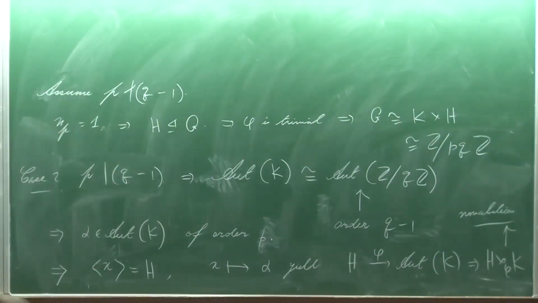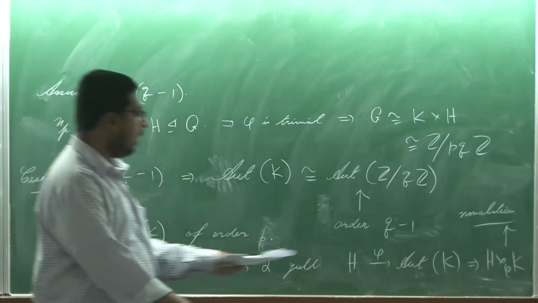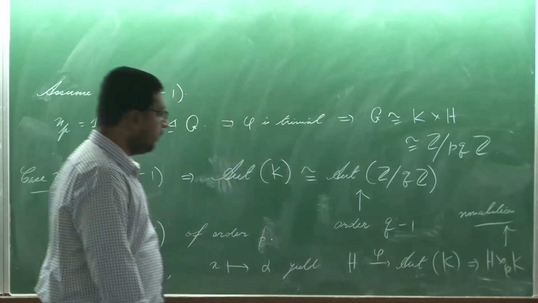So when p divides q minus 1, we can indeed have a non-abelian group of order pq.